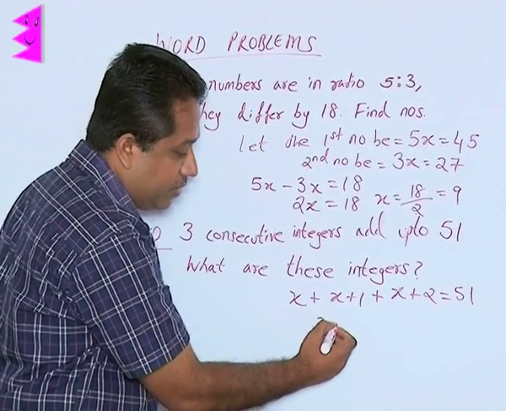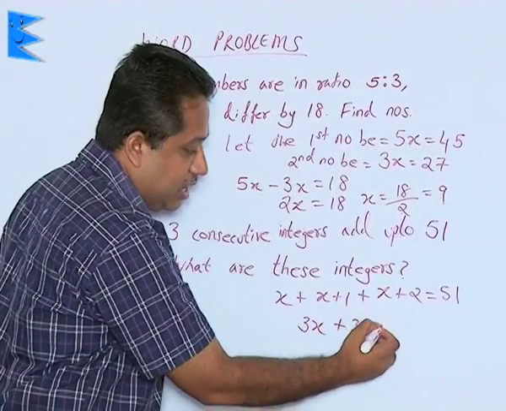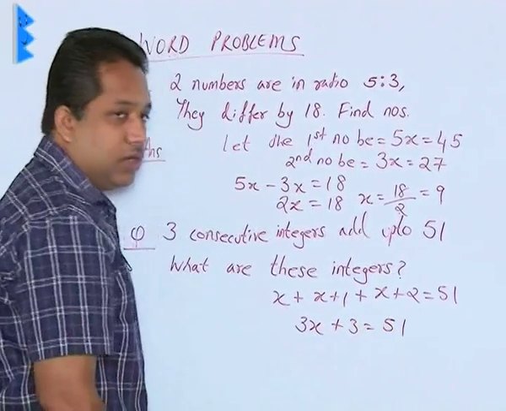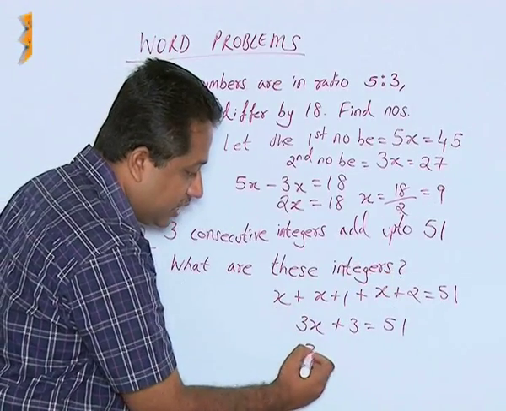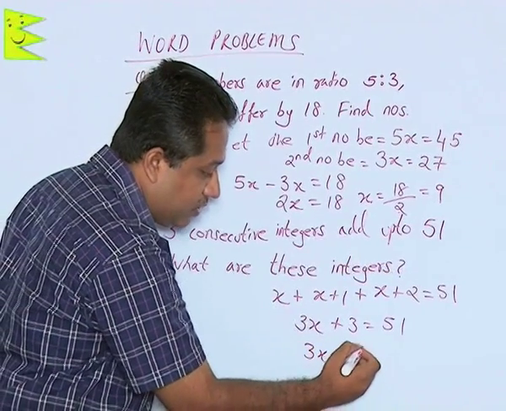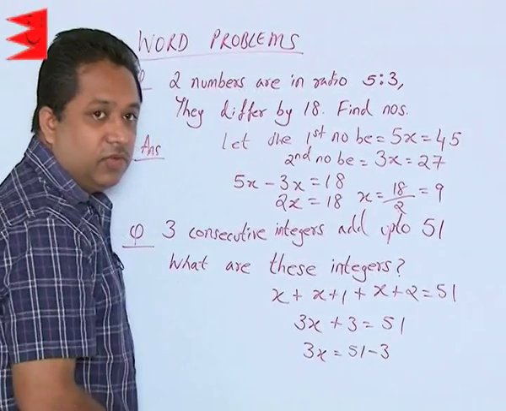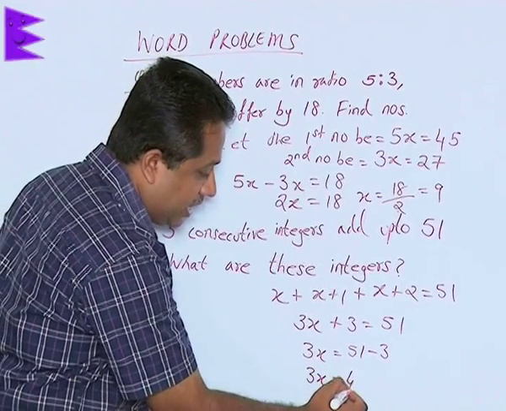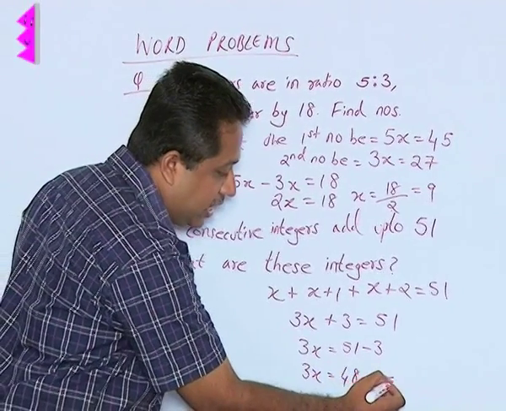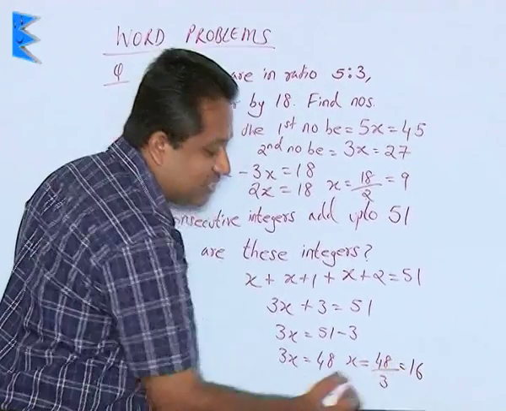So, this number will become 3x, 1 and 2 will become 3 is equal to RHS 51. Now, the plus 3 we will have to transfer the other side. So, we get 3x is equal to 51 minus 3. So, 51 minus 3, the result will be 48. So, 3x is 48, x will be 48 upon 3, and 48 upon 3 will give you 16.